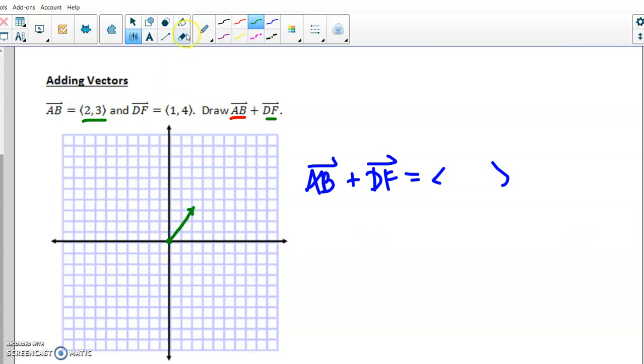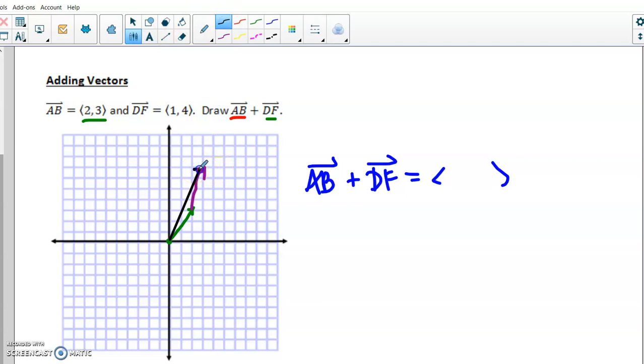Then from there, it wants me to add on vector DF. So DF is right 1. It has a horizontal component of 1 and a vertical component of positive 4. So the head of this vector will be here, which means our resultant vector would look like that.